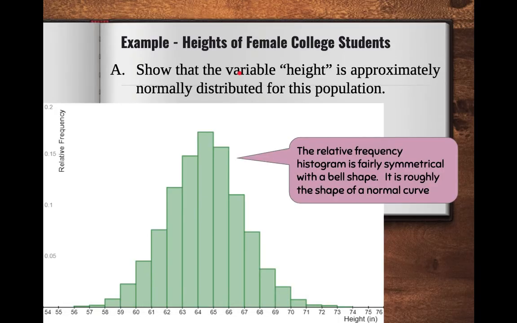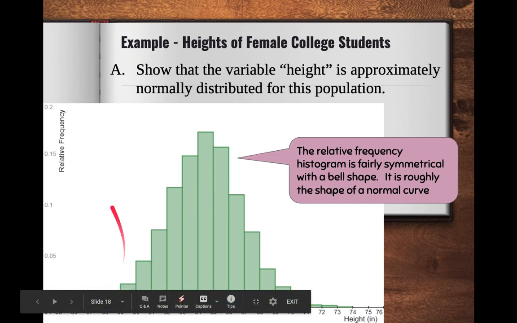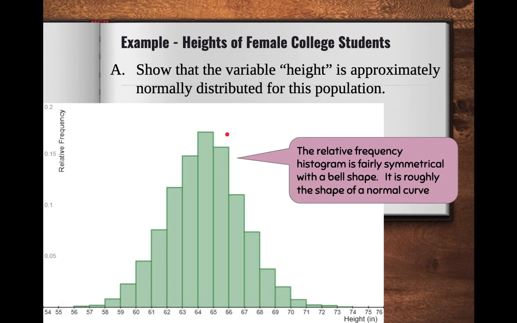To start off, if we graph that relative frequency histogram, you will notice this is not perfectly symmetrical, but it is as practically symmetrical as you can get. So this is fairly symmetrical. It is normally distributed for the population.